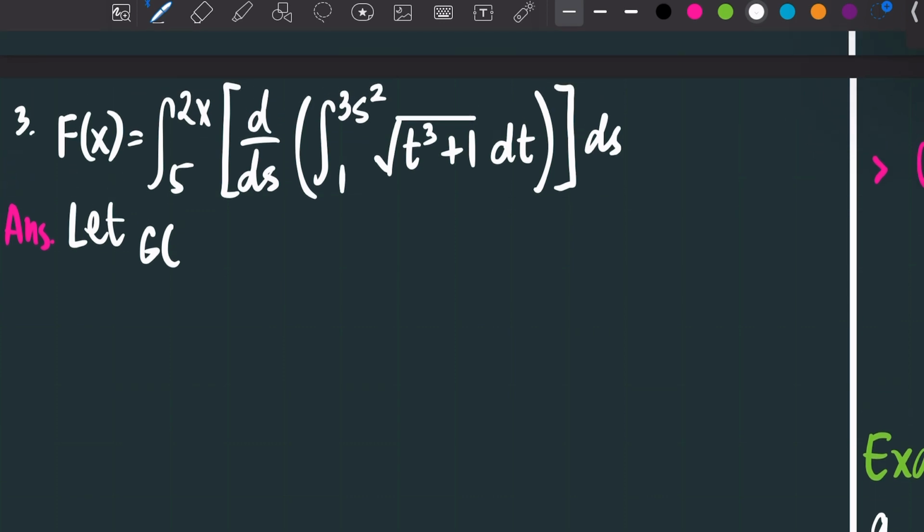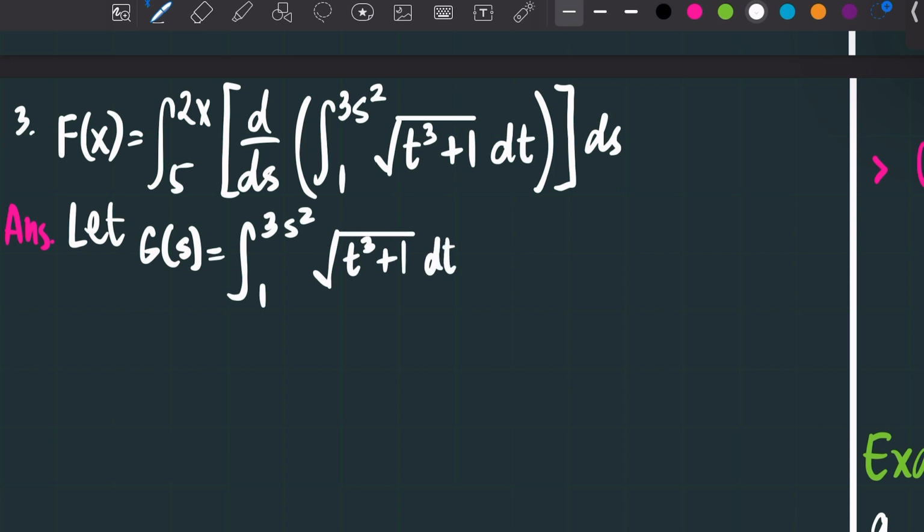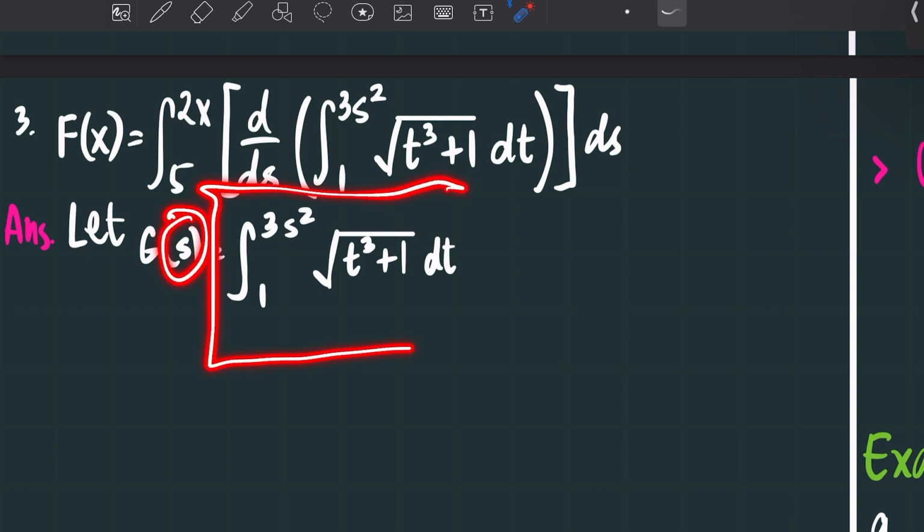We let g of s to be equal to the integral of 1 to 3s squared ng square root of t cubed plus 1 dt. So, bakit siya s? That's because kapag kukunin natin yung definite integral na to, tapos i-plug natin yung bounds, ang lalabas here is a function in terms of s. And later makikita nyo kung bakit in terms of s nga talaga siya.